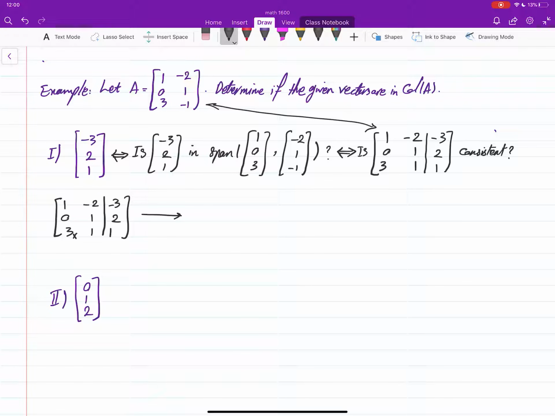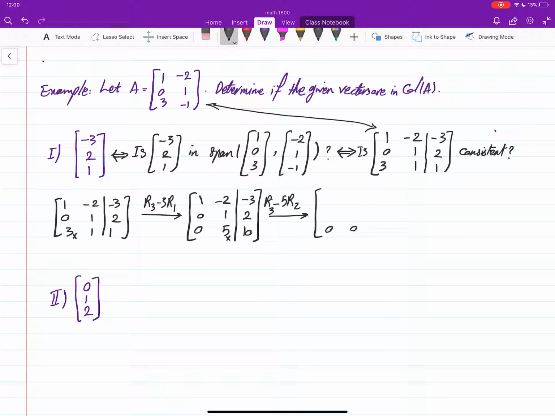Here I should get rid of this, R3 minus 3R1, and that will give us 0, 5, and this will be a negative 9 plus that. This is 10, while the rest stays the same. Now I want to get rid of this guy, so row 2 times 5 subtracted from row 3.